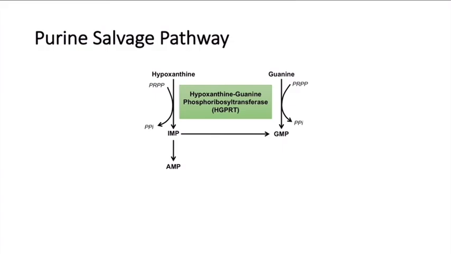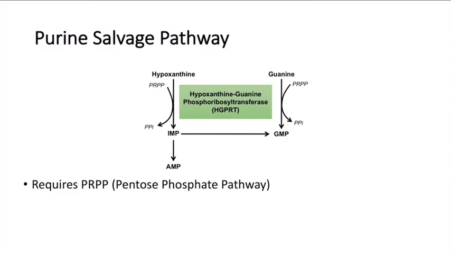Now, the important things about the purine salvage pathway that I want you to know are that it requires PRPP, which is a product of the pentose phosphate pathway. It also decreases purine degradation. This is very important, and I'll tell you why in the next lesson.